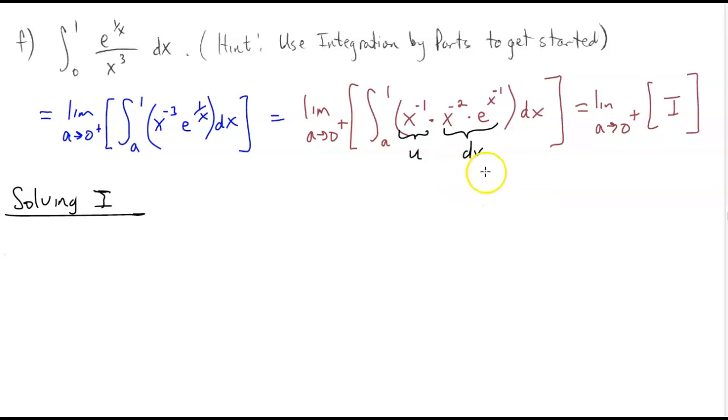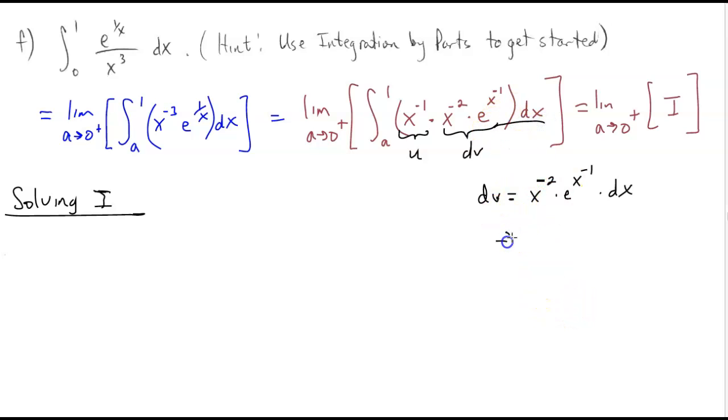Now, the reason being is that the dv here, if we really look at this, what we're saying is that we want to take the antiderivative of x raised to the negative 2 times e raised to the x raised to the negative 1 dx. So that's essentially what we're saying here.